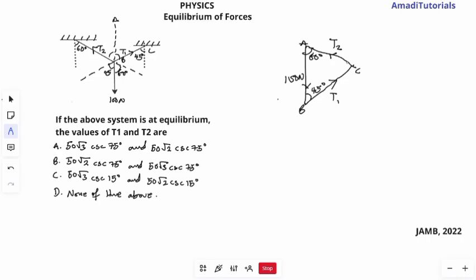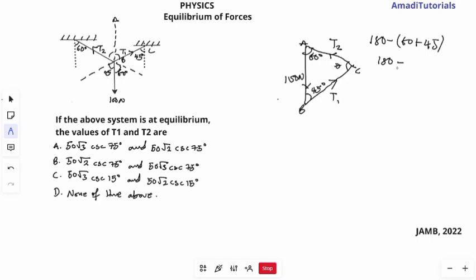So let's find the angle here. The angle here, we call it theta. That angle there will be 180 minus, open bracket, 60 plus 45. The sum of the interior angles of a triangle is 180.